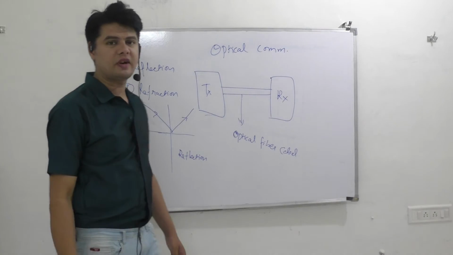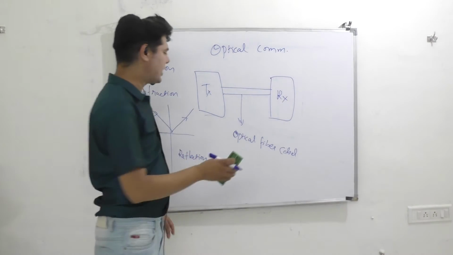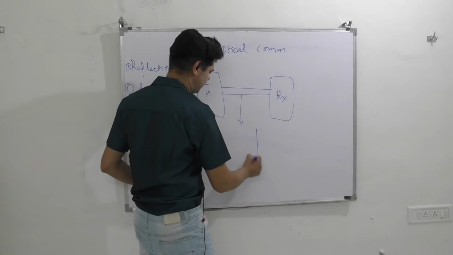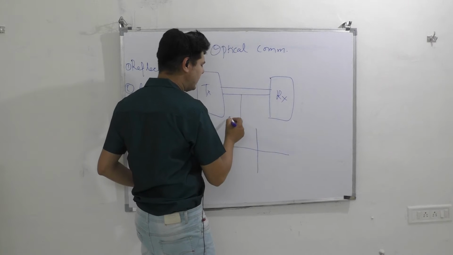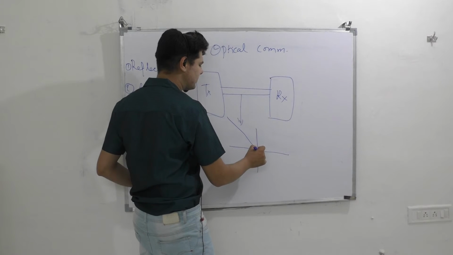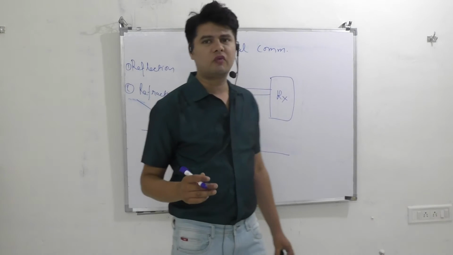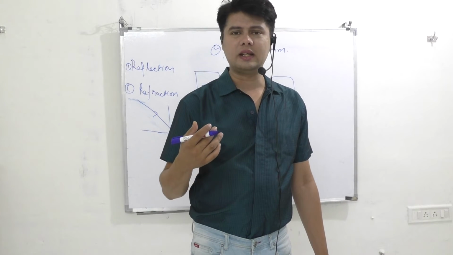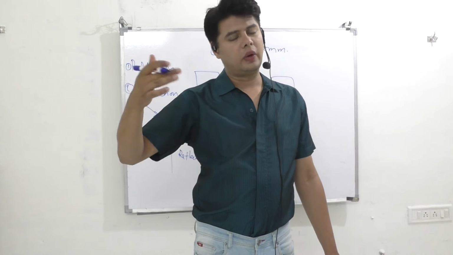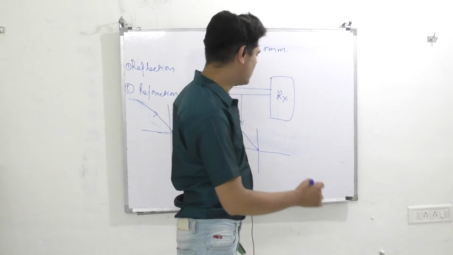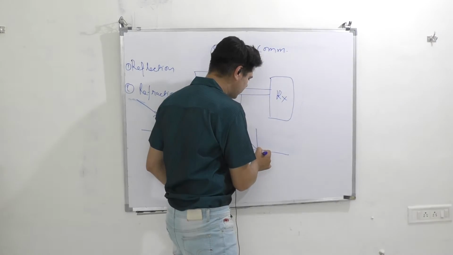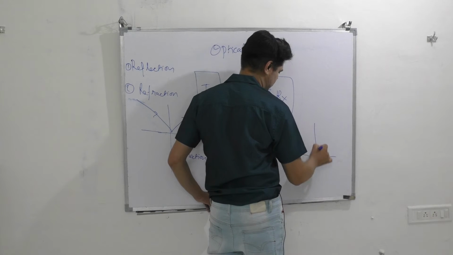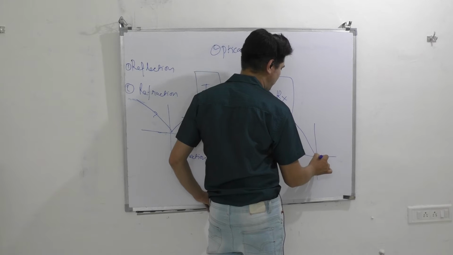But what happens in the refraction? In the refraction, if the ray is coming from one medium, suppose from the denser medium or the lighter medium, and it is moving into the rarer medium or the denser medium, it will move toward the normal or it will move away from the normal.